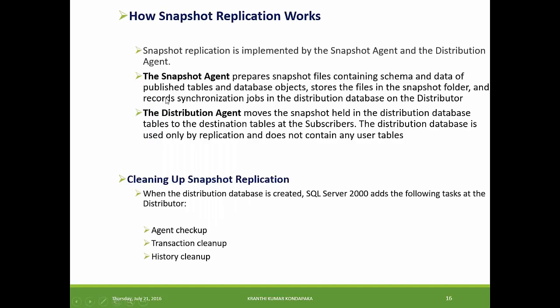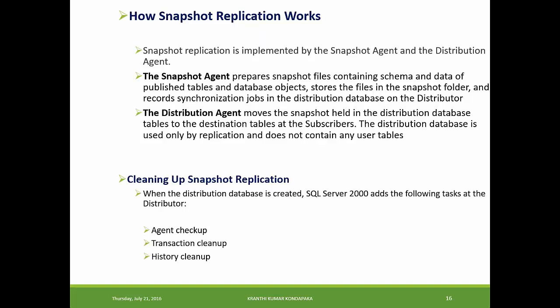As I mentioned, the snapshot agent will prepare all the snapshot files containing all the tables and database objects, and store them in a file format. Then the distribution agent will get the data from the distribution database and send it across to the multiple subscribers.